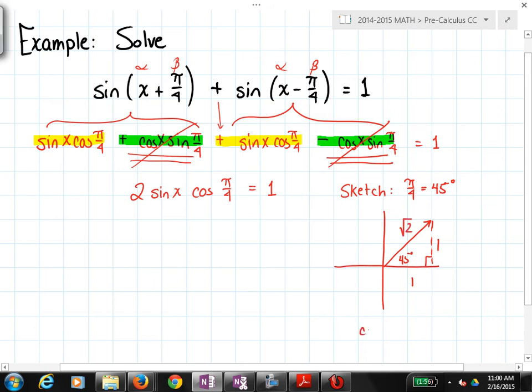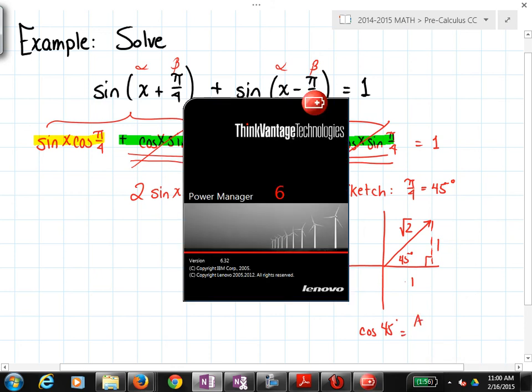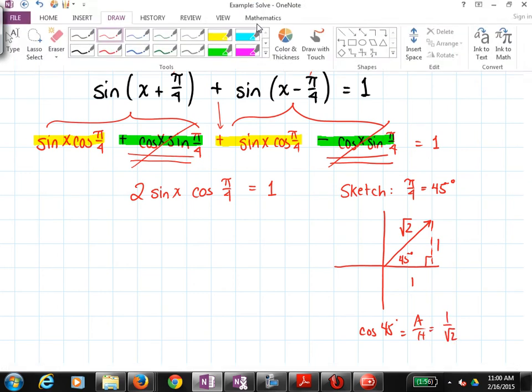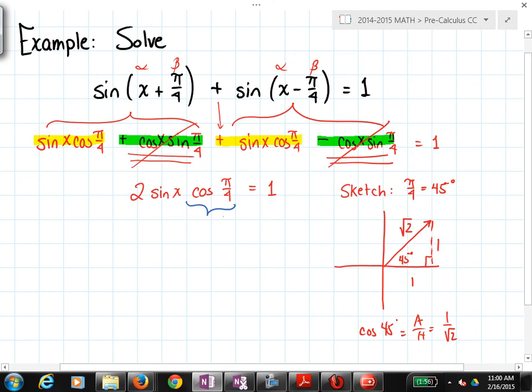Cosine of 45 degrees is adjacent over hypotenuse, which is 1 over square root of 2. So let's replace that right there. Cosine of pi over 4, I'm going to replace it with 1 over square root of 2. So it's going to be 2 sine of x times 1 over square root of 2 is equivalent to 1.